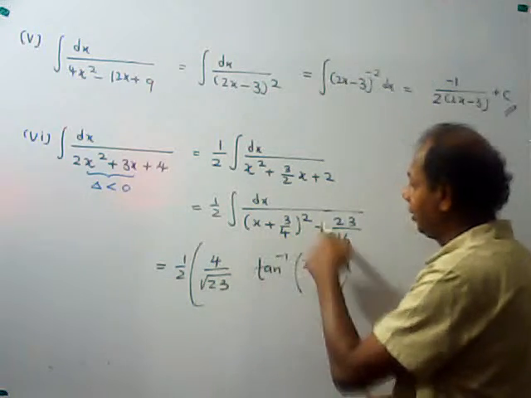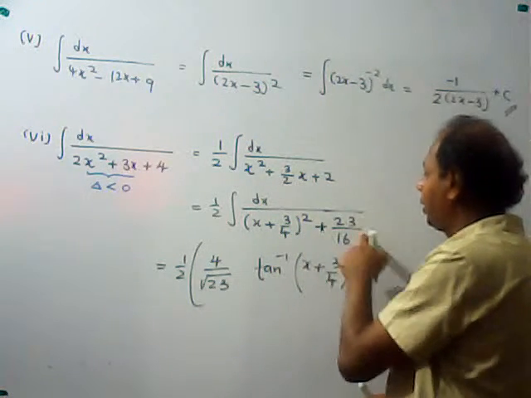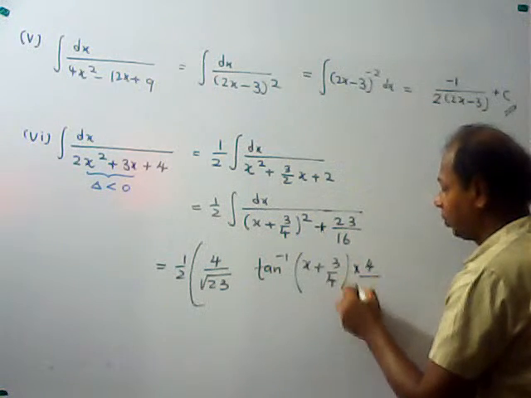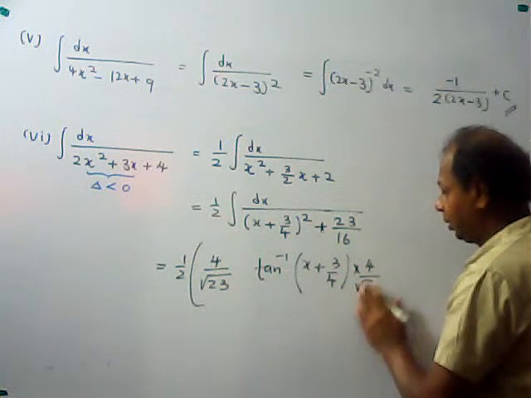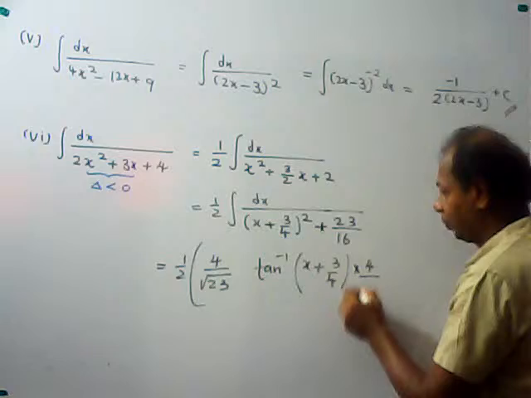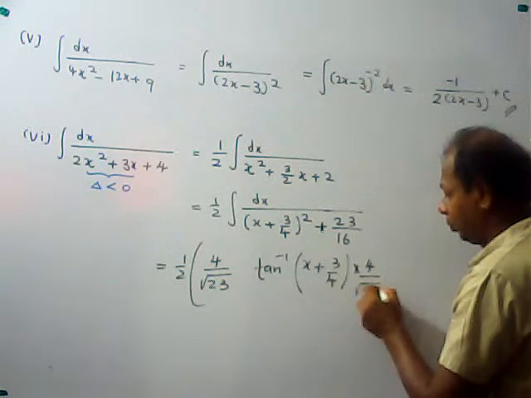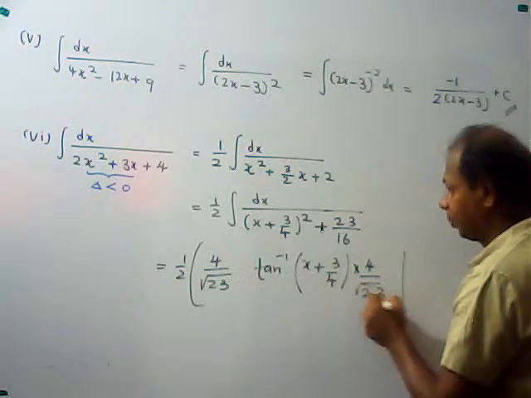This is a square, right? That's 4 over square root of 23.